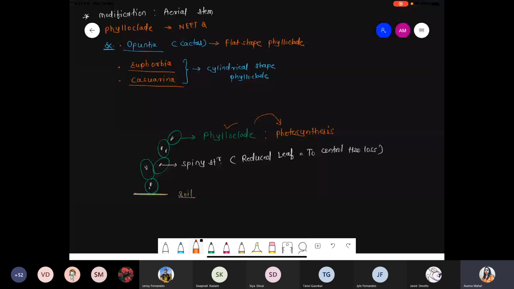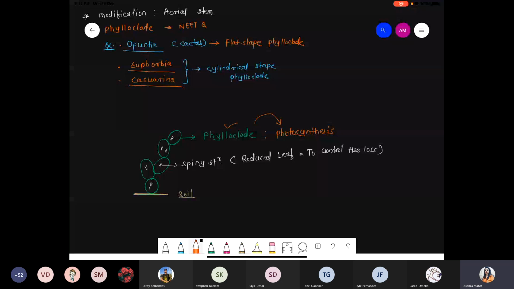That's why we call them phylloclade. And remember, you know very well in your home, cactus is basically an indoor ornamental plant, right? So whatever green structure, that expansion, that disc-like or flat structure, is not a leaf. Basically it is a stem, and that stem is called phylloclade, which is a modification of the aerial stem. Got it?